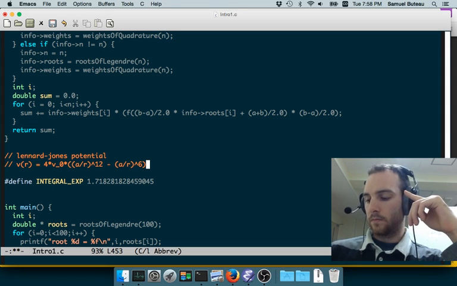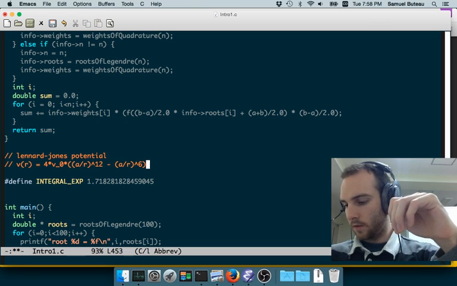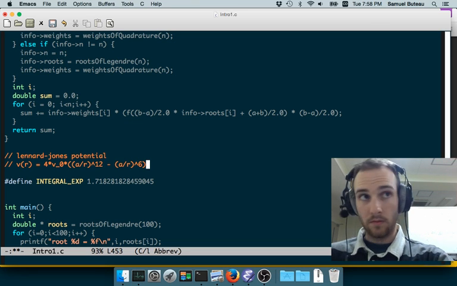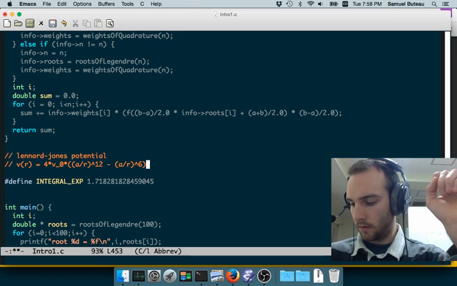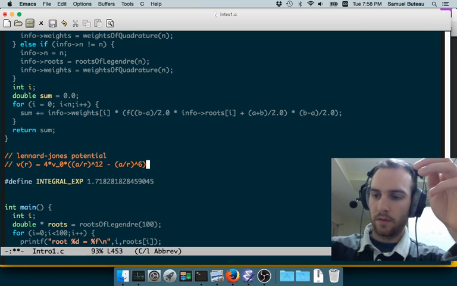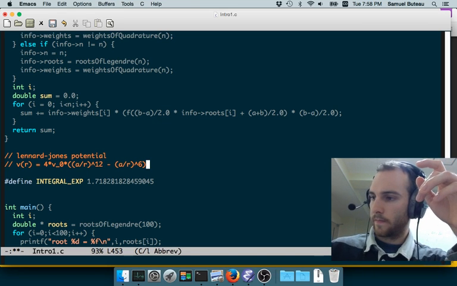If you've seen Schrödinger's equation, you know what it is. If you haven't seen it, I doubt that this would be helpful. Basically, Schrödinger's equation is the dynamical equation of quantum mechanics.